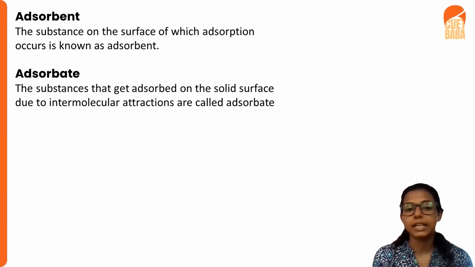The substance that gets adsorbed on the solid surface due to intermolecular attraction is called adsorbate. The substance that gets adsorbed on a specific surface is called adsorbate. So we can conclude that an adsorbent is a substance on which a particular other substance gets adsorbed, and adsorbate is the substance that gets adsorbed on a surface.